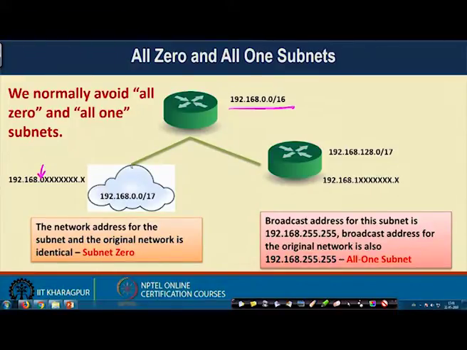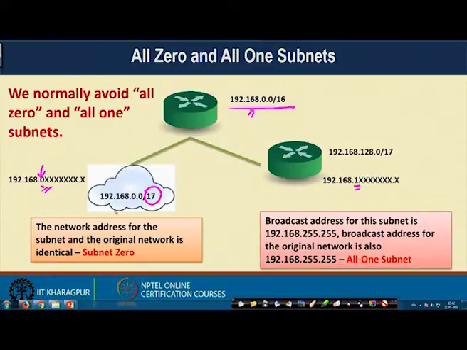I want to divide this into two subnets, using this 0 to denote one subnet and this 1 to denote another subnet. Considering the network address part and the subnet part, I have 17 bits which are used for denoting this subnet. But interestingly, if you use 0 as an identifier for this subnet, the network address for this subnet is equal to the network address for your original network.